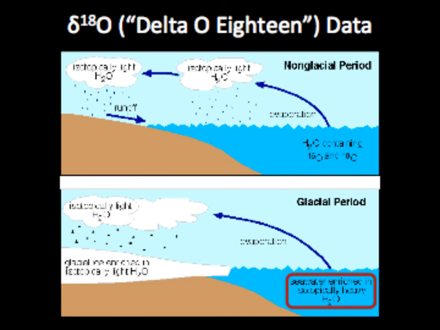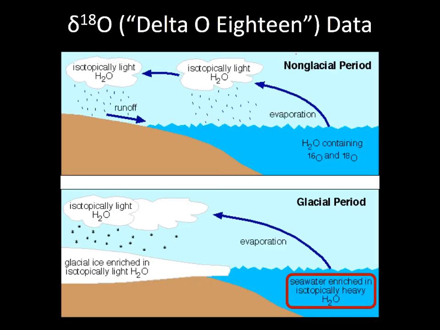Here's a graphic that I think will really help you understand this. Starting up here at the top during a non-glacial period, you have an ocean that contains water where some water molecules have oxygen-16, some have oxygen-18.